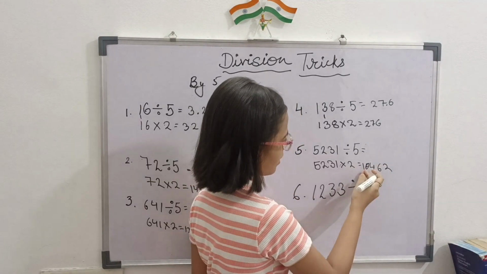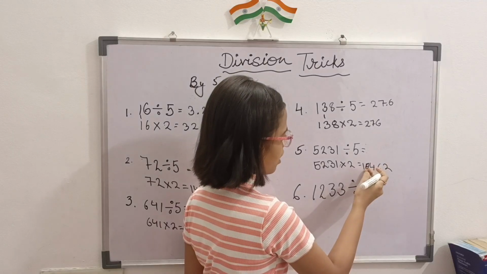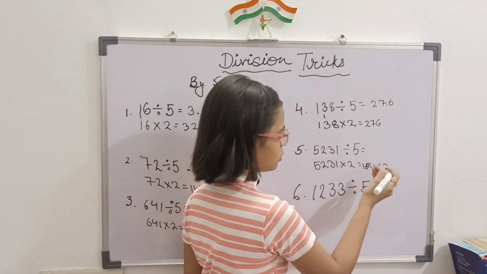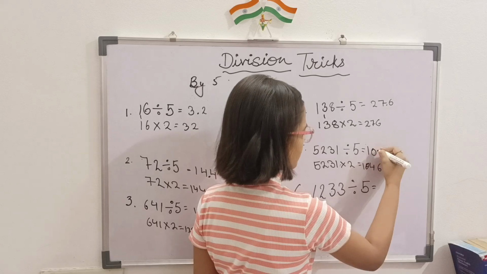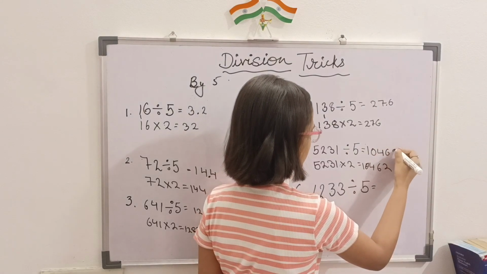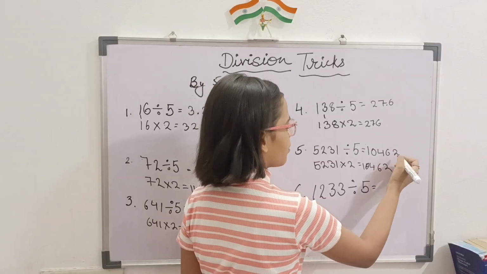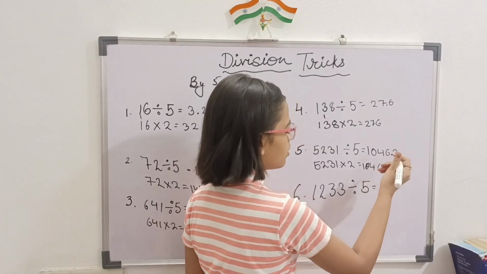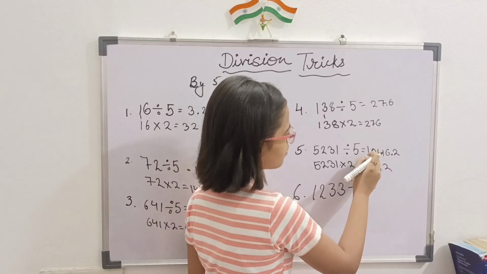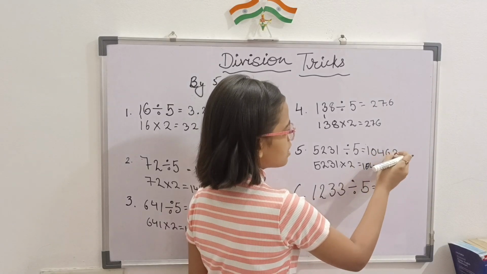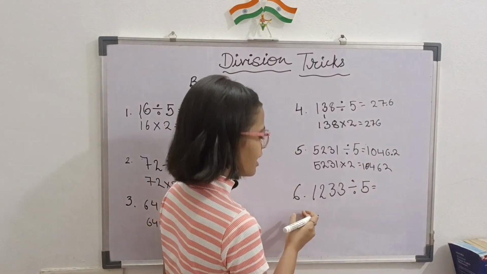So after multiplying we get 10,462. Then we have to place a decimal after leaving a digit from the back. So our answer is 1046.2.